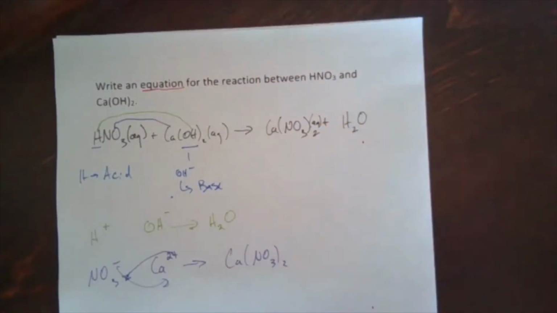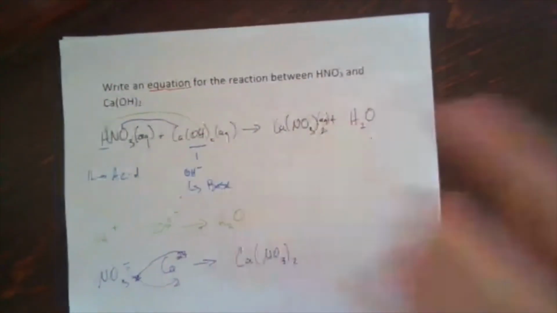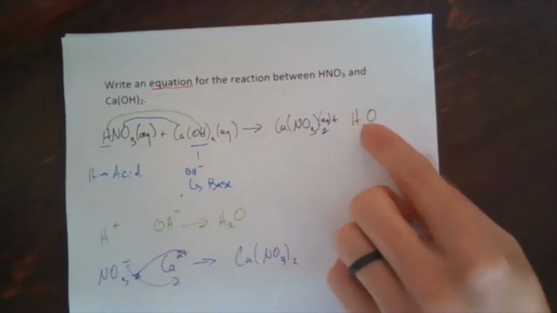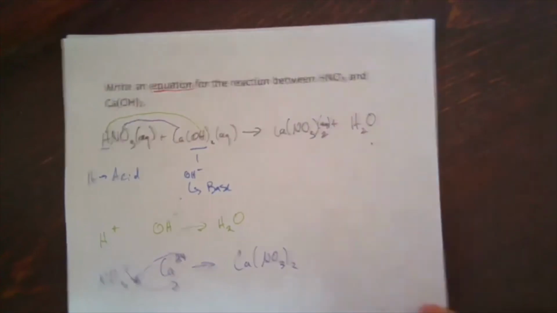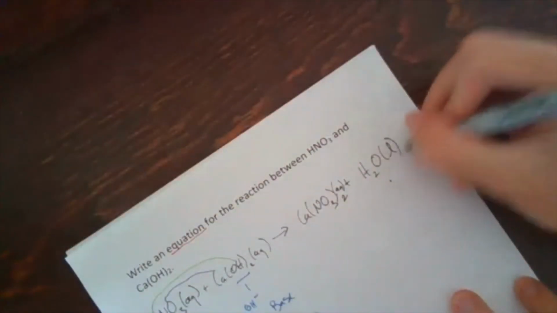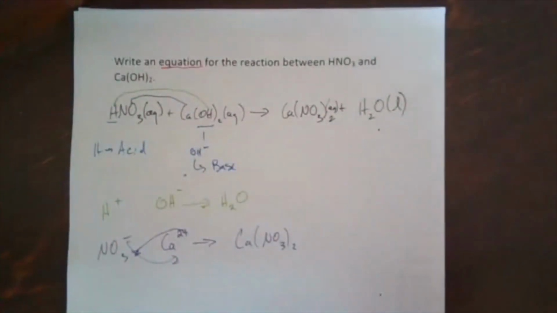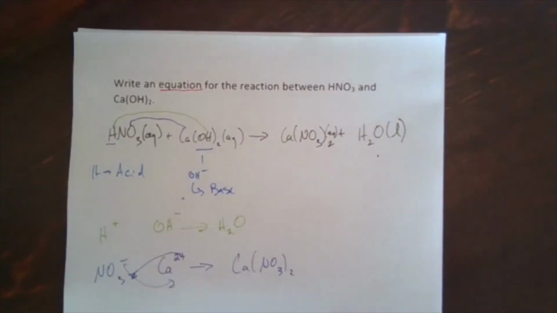Water, this is the most common phase mistake. You do AQ, AQ, AQ, AQ. Water does not dissolve in water to make an aqueous substance. It instead is a liquid. So you may think that seems kind of silly, of course water is a liquid.